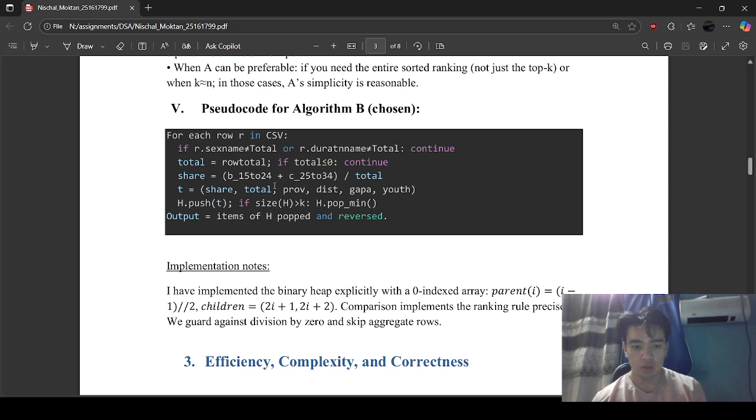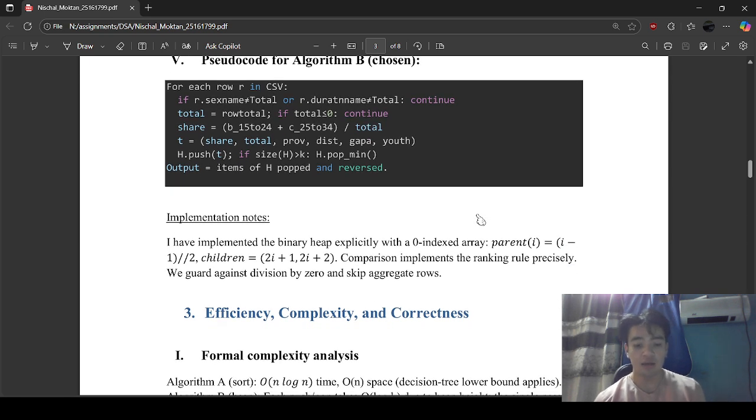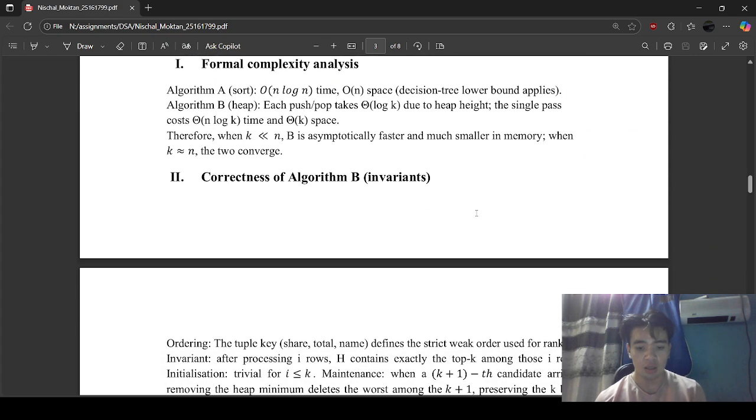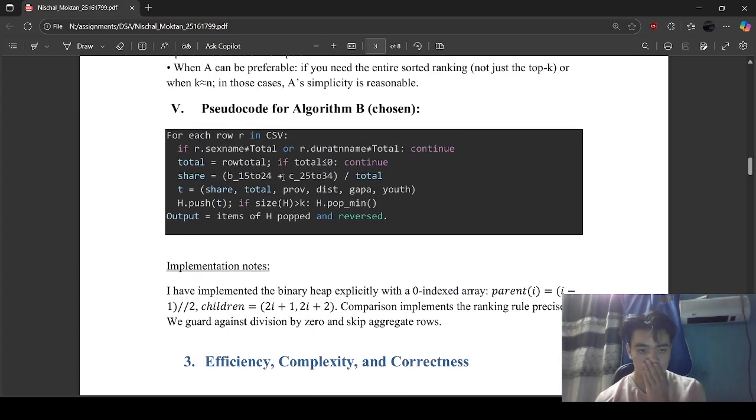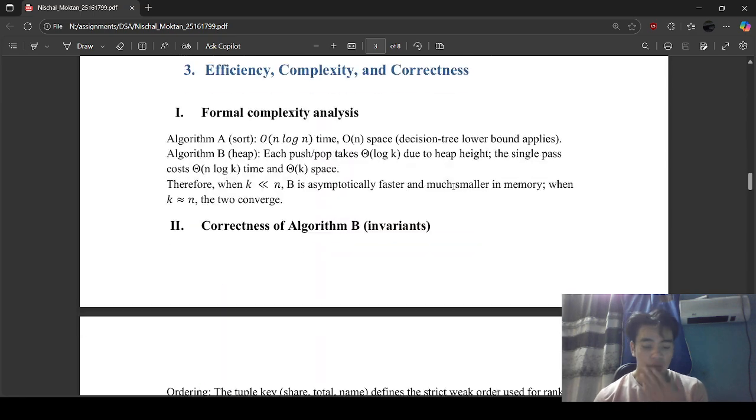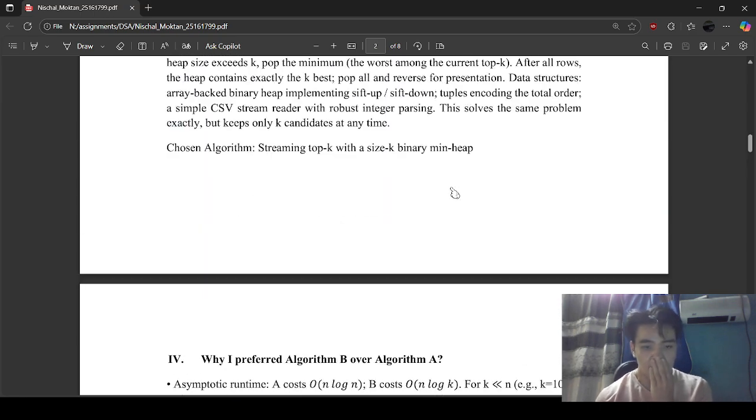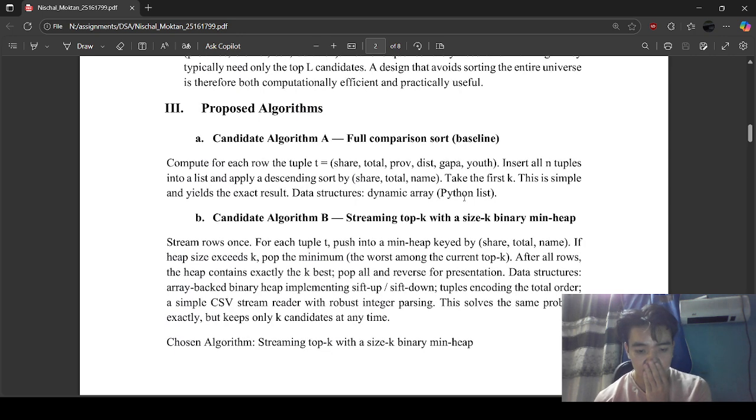So this is just a general example of how the algorithms work, the pseudocode of it. Let n be the number of filtered rows and k the requested top list. Algorithm A sorts the n items in O(n log n) time and O(n) space.